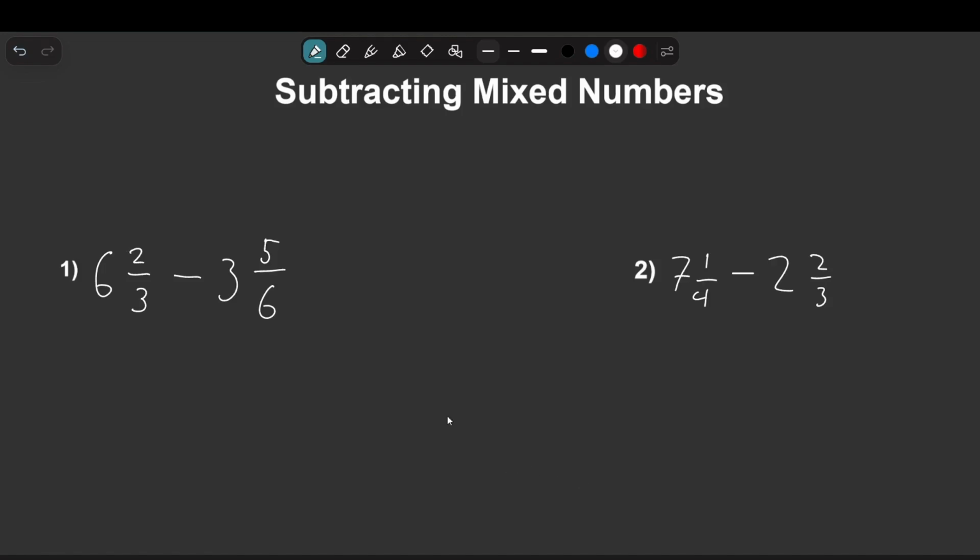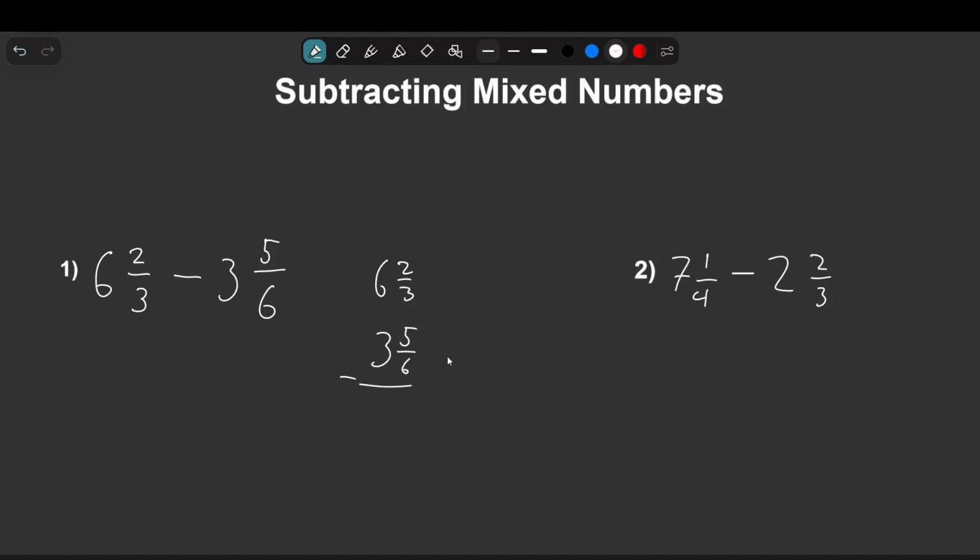This isn't necessary, but I like to do this to make it a bit easier for myself. So we're going to do 6 2/3 minus 3 5/6, like this.